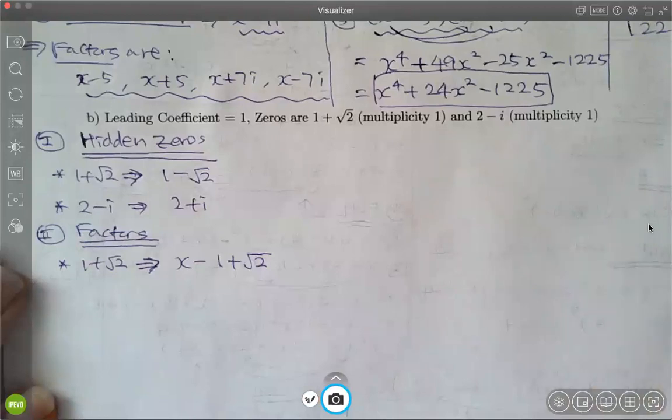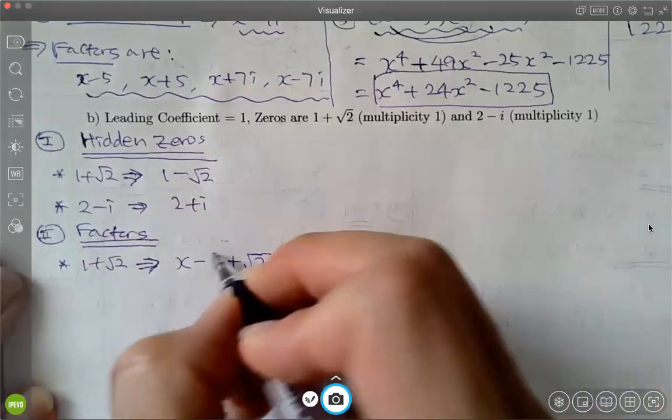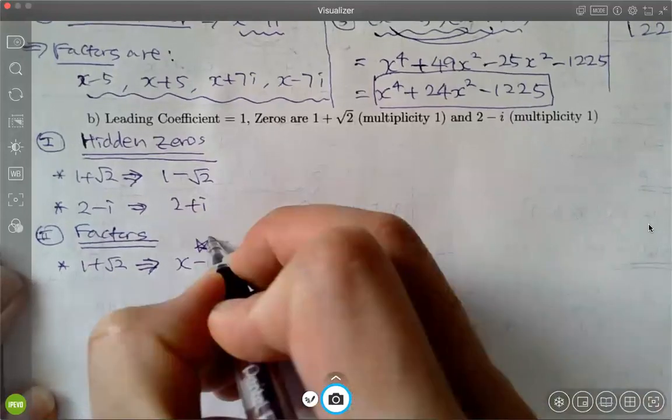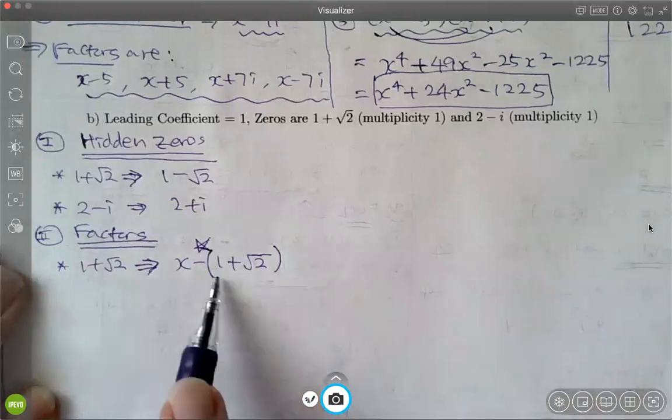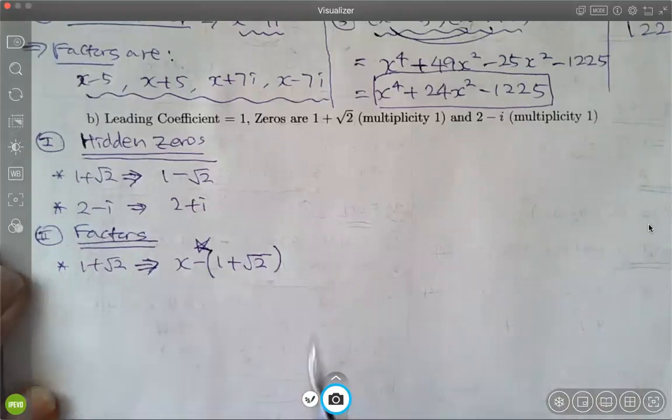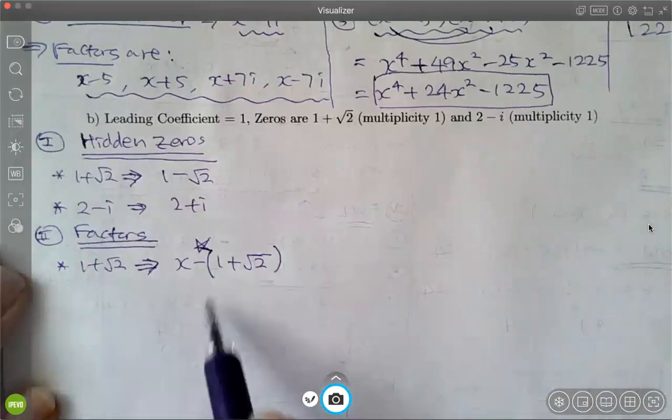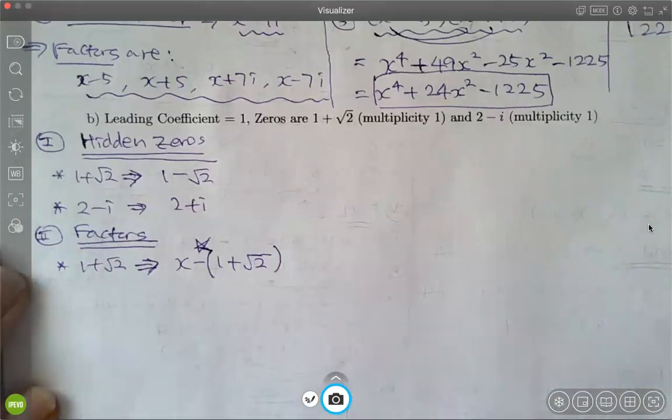And what is the reason? Parentheses. Okay, so now why do we need parentheses? Because if we don't, it seems like, oh, we subtract 1 from x and then we add square root of 2 at the end. But that's not what we are doing, right? What are we doing? We are subtracting this quantity 1 plus square root of 2, which is a zero, from x. So we need parentheses.